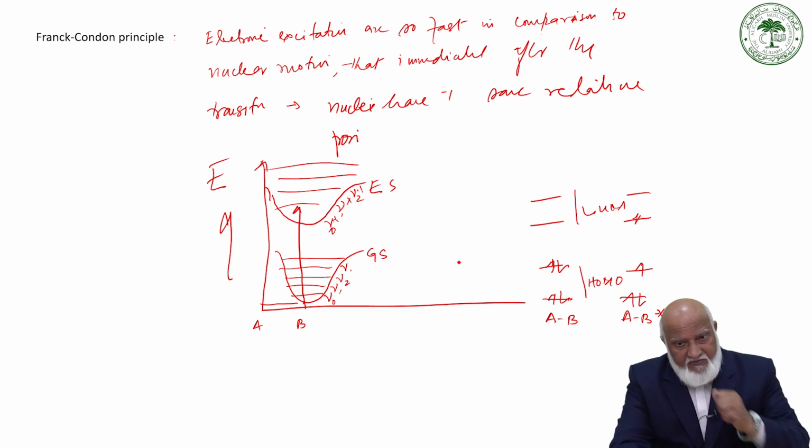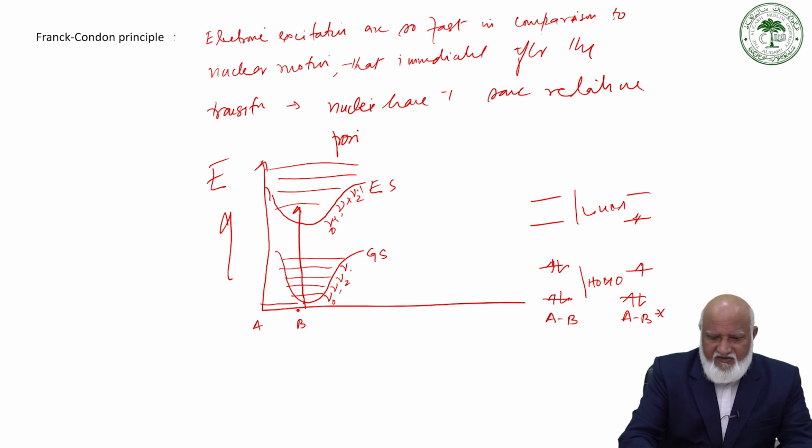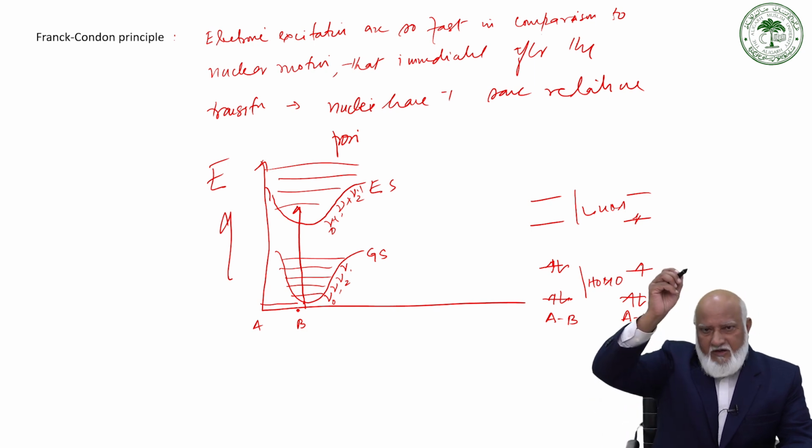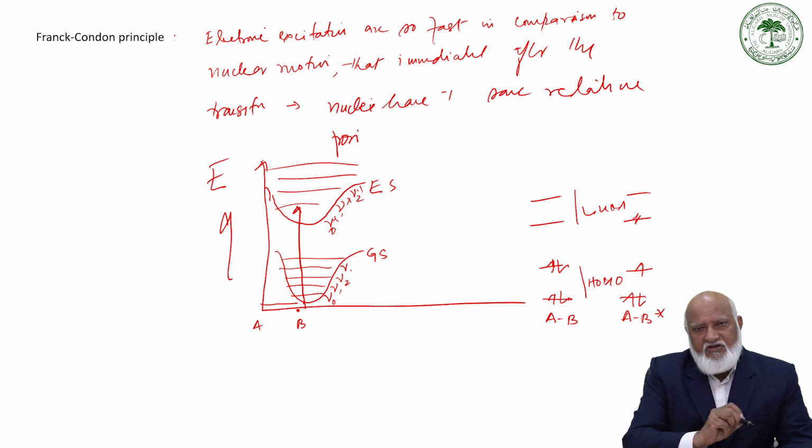What the Franck-Condon principle says is that the electronic excitation is so fast that as soon as the electron goes up, the nuclear motion has not changed its position.